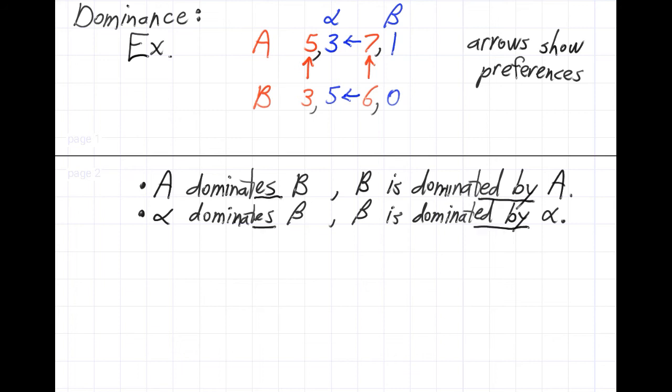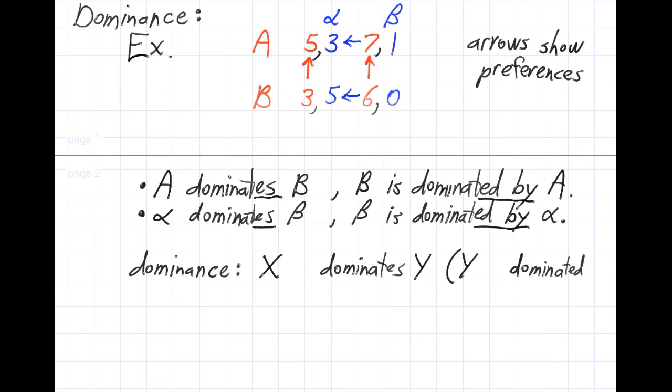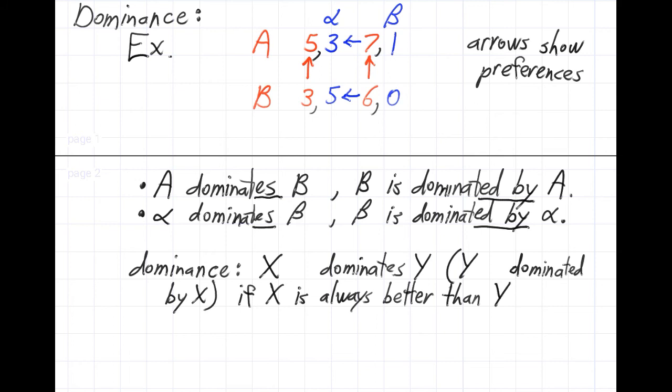And that leads us to the definition of dominance. We say that a strategy X dominates Y, or conversely, Y is dominated by X, if X is always better than Y. And that means X is preferred to Y for all possible choices of the co-player or co-players if there's more than one.